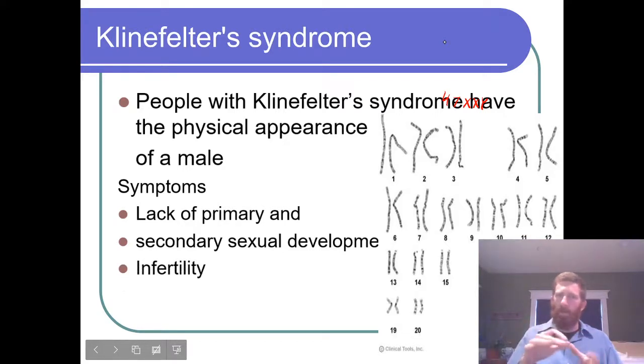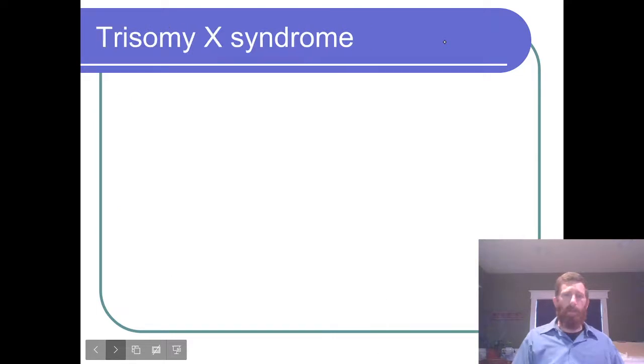Then the tetrads kind of get all messed up, and they try to make like a quadrad, or I don't even know what it would be called. But yeah, so they can't make gametes correctly, and so they can't produce sperm, and so they can't have their own biological kids.